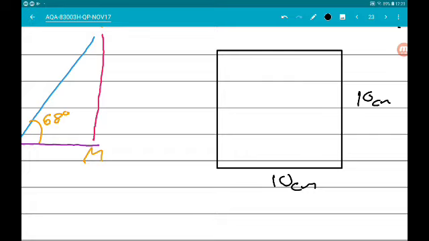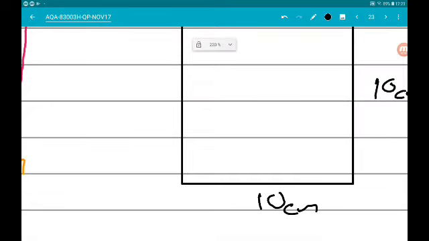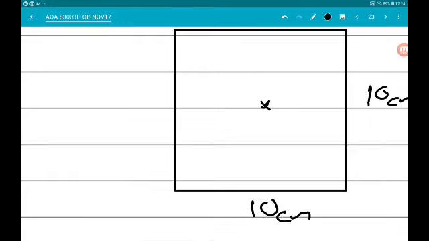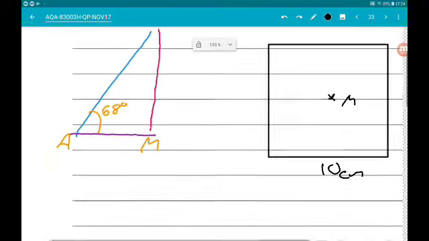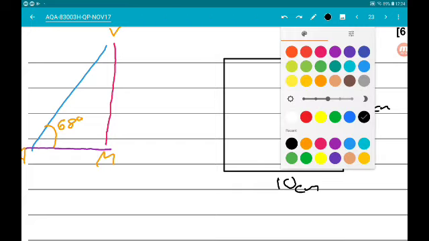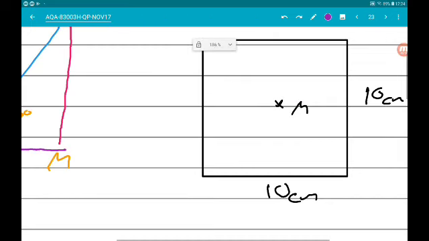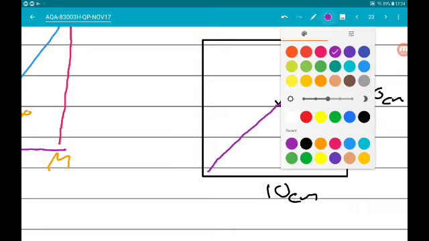So we also know that M is the midpoint, or it's the centre of that square. So if that's M, let's call that A, actually. Let's keep our colour coordination. So that's A to M.